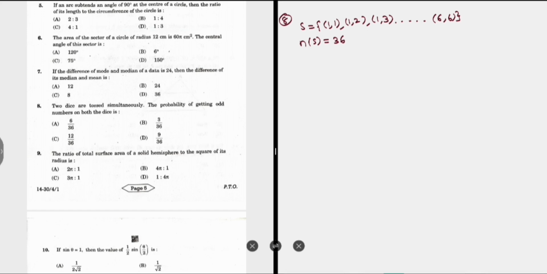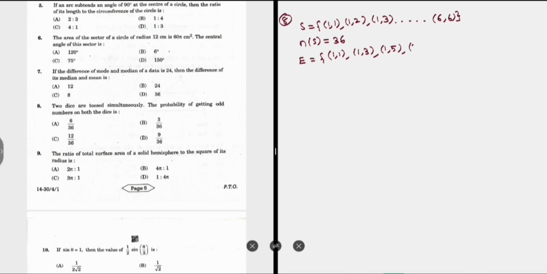We want favorable outcomes now. What are favorable outcomes? Let us take that event as E. Then the favorable outcomes will be, we want the probability of getting odd numbers on both the dice. So one is 1 comma 1, 1 comma 3, 1 comma 5.